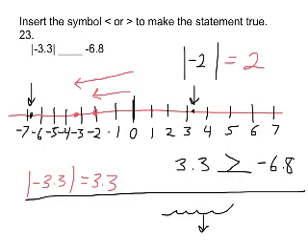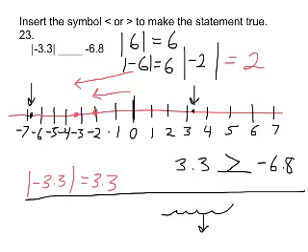Sometimes the absolute value is the opposite. The absolute value of a negative number is its opposite. But the opposite of a positive number is a negative, while the absolute value of a positive number is also positive. See, the absolute value of 6 equals 6. The absolute value of negative 6 also equals 6.